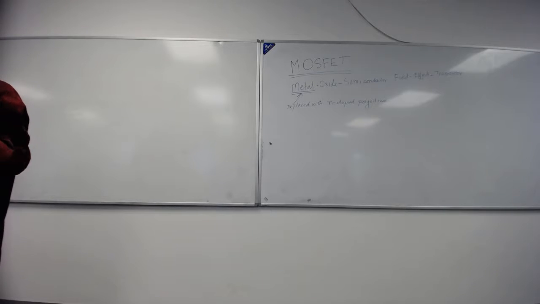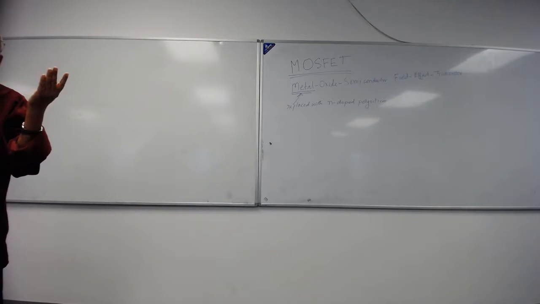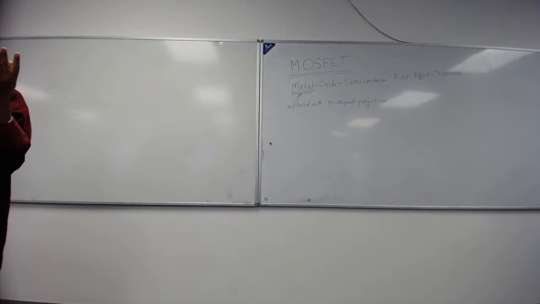In MOSFET, a field effect transistor, we still have barriers. We don't use the forward biasing of junctions to reduce the barrier. What do we use to reduce the barrier? We have to reduce the barrier, isn't it? Otherwise the electrons will not flow. And we don't use a forward bias junction to reduce the barrier.